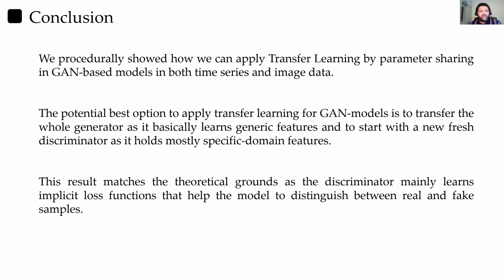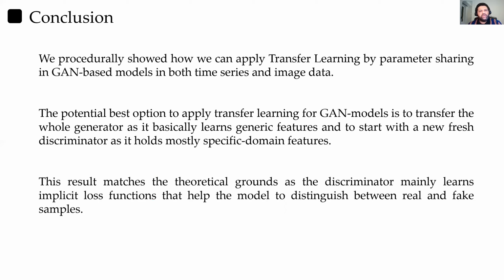Well, if there is a conclusion for this presentation, it is that we show the procedure to apply transfer learning to GANs, as we showed empirically that the generator tends to hold generic features and the discriminator tends to hold specific features.